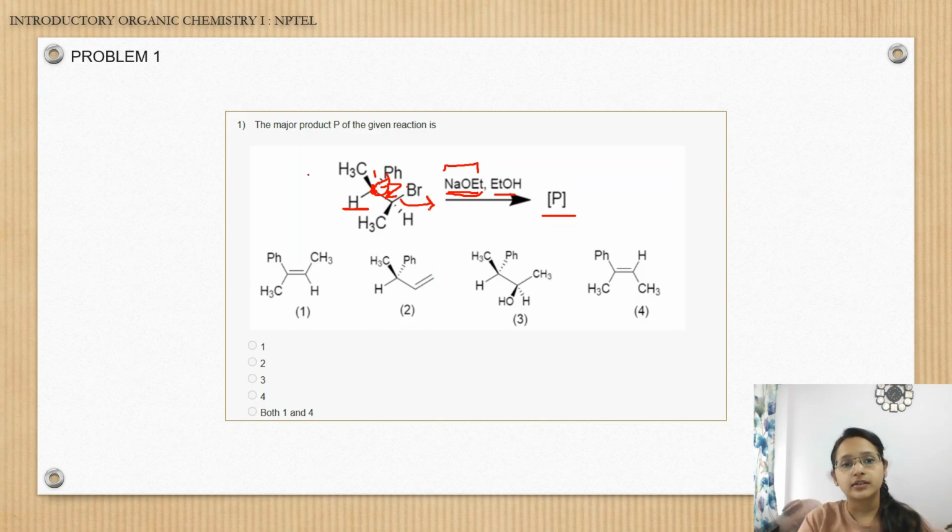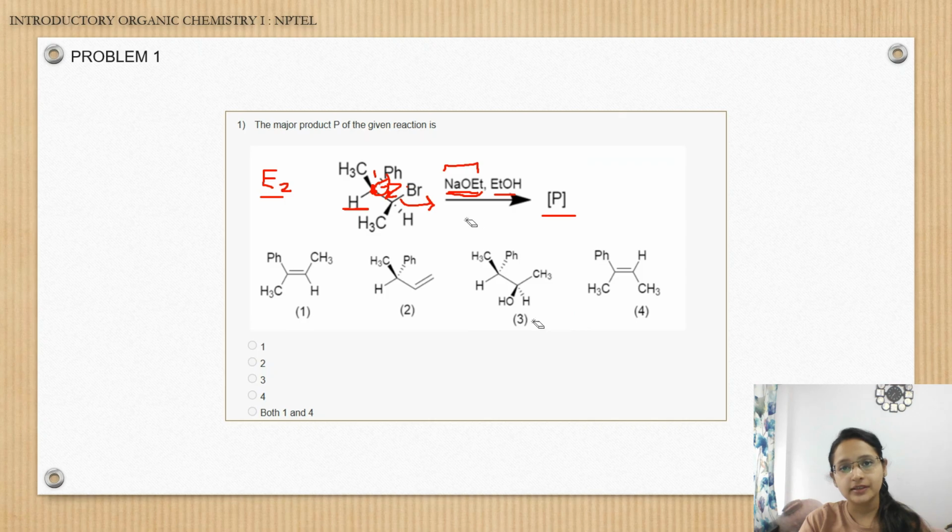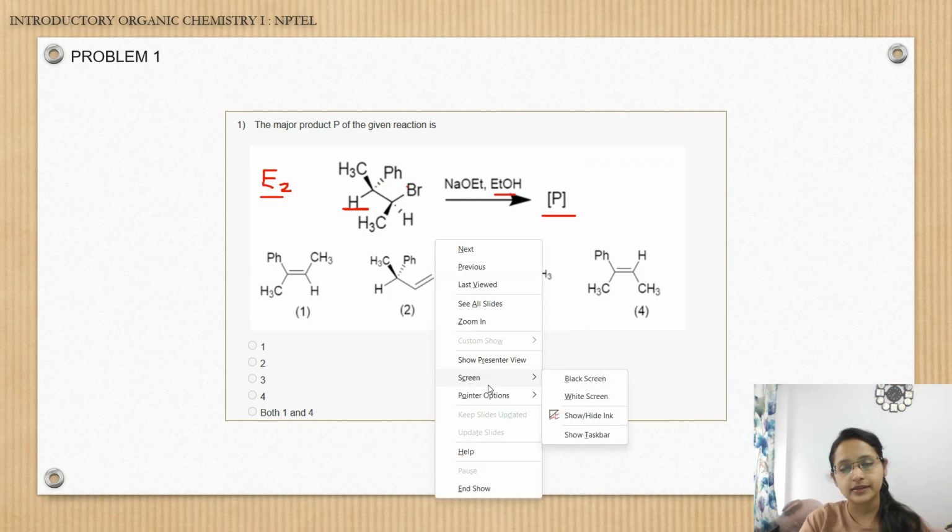Elimination reactions are generally of various types, and this is the E2 elimination that is operative here. Hydrogen is taken out by the base, and you will end up having an alkene in the system.